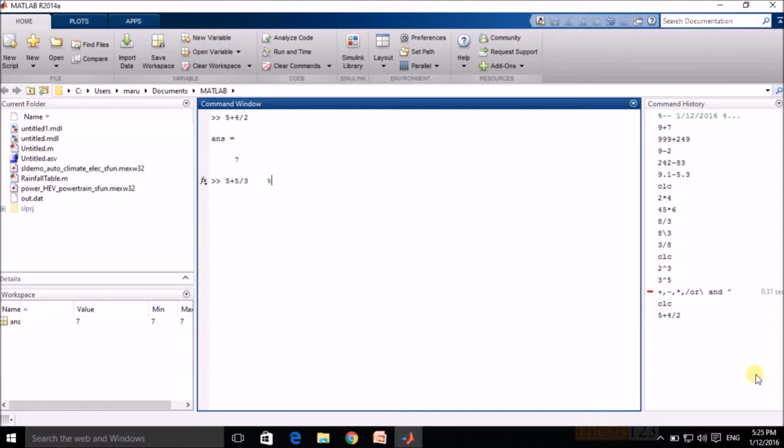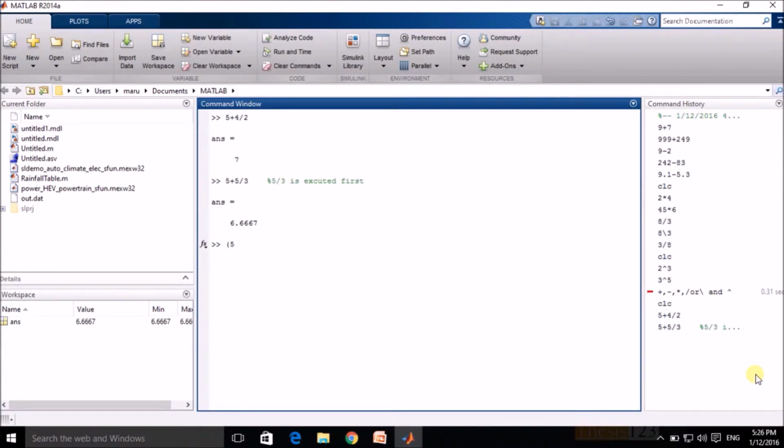Here 5 by 3 is executed first. This is the answer, right? 6.667.